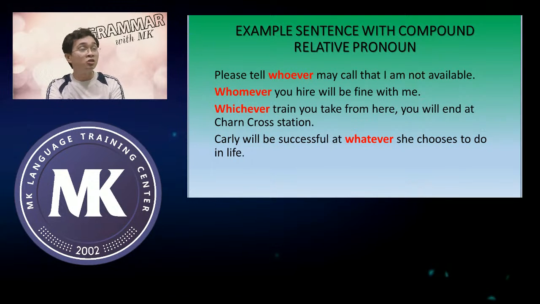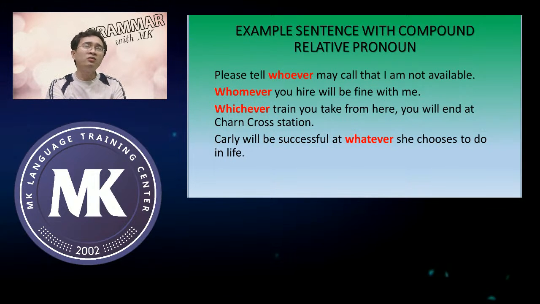So it means there is no definite or exact course or career that she chooses, but people believe in her that she can become successful. Whatever kind of career that she chooses in her life, it means there is no limitation there. We use whatever in the sentence. But if you use whichever, it means there is limitation. Okay? So don't be confused about whichever and whatever.